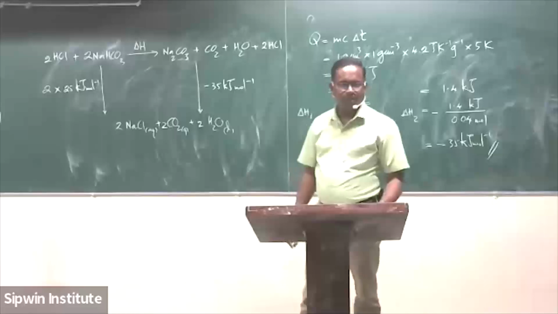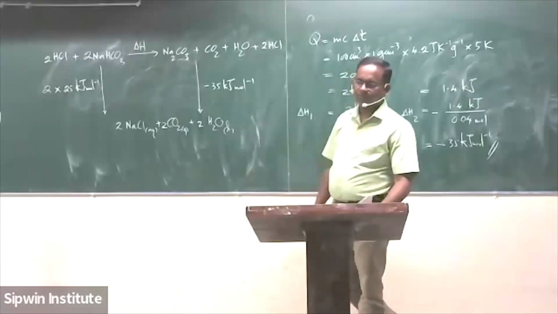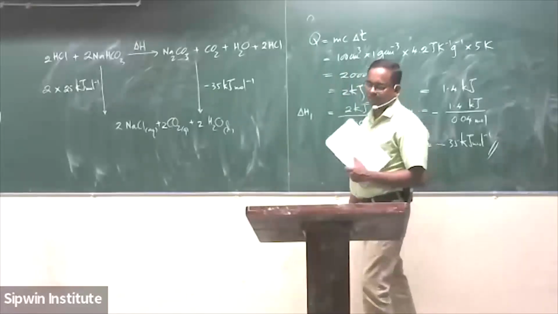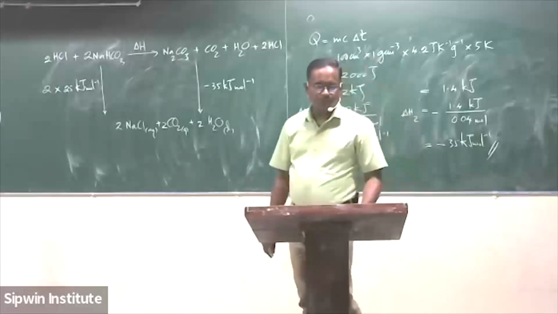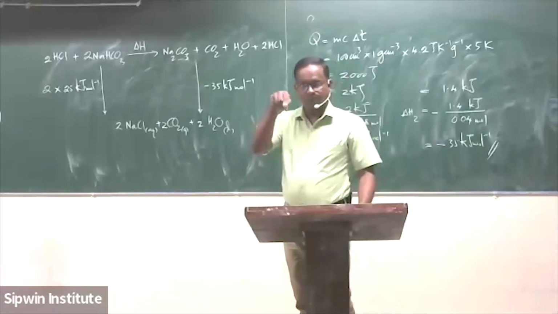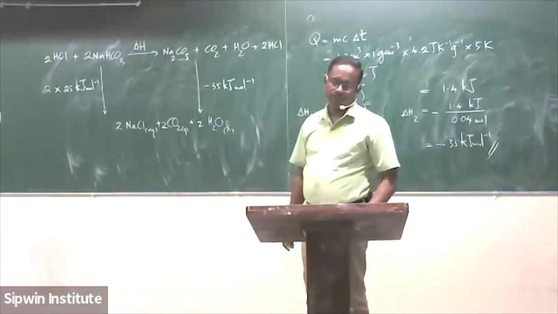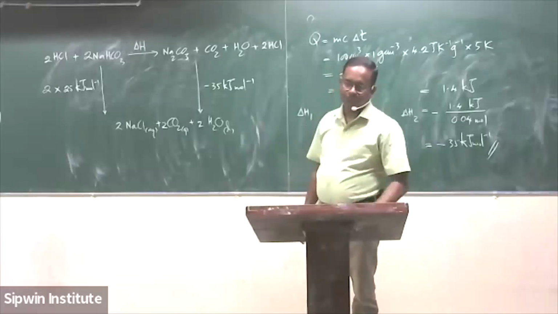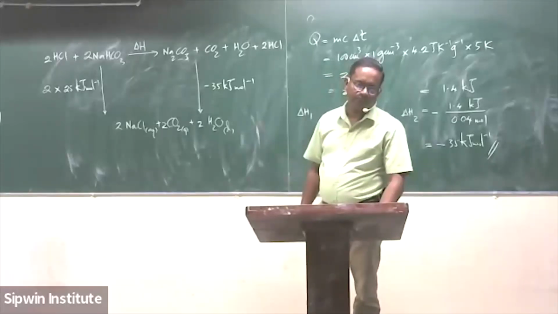For a thermochemical equation there are conditions: reactants, products, physical states, and a balanced equation, and on the arrow must be the enthalpy change. If you know the value, you have to indicate the value. If you don't know the value, you have to indicate a symbol.